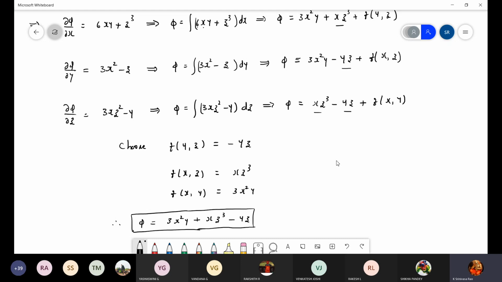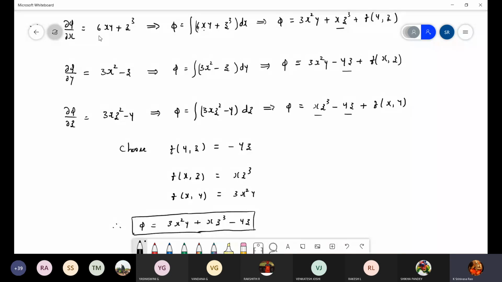You can verify: if I differentiate partially with respect to x, I should get the first component 6xy plus z cube. Similarly with respect to y the second, and with respect to z the third. Then only our phi is correct. You can verify that just in your mind by differentiating.